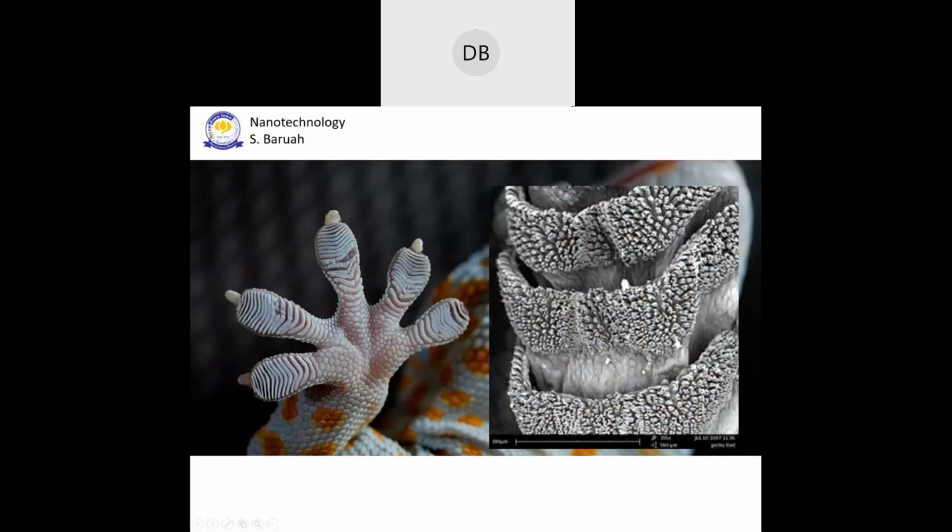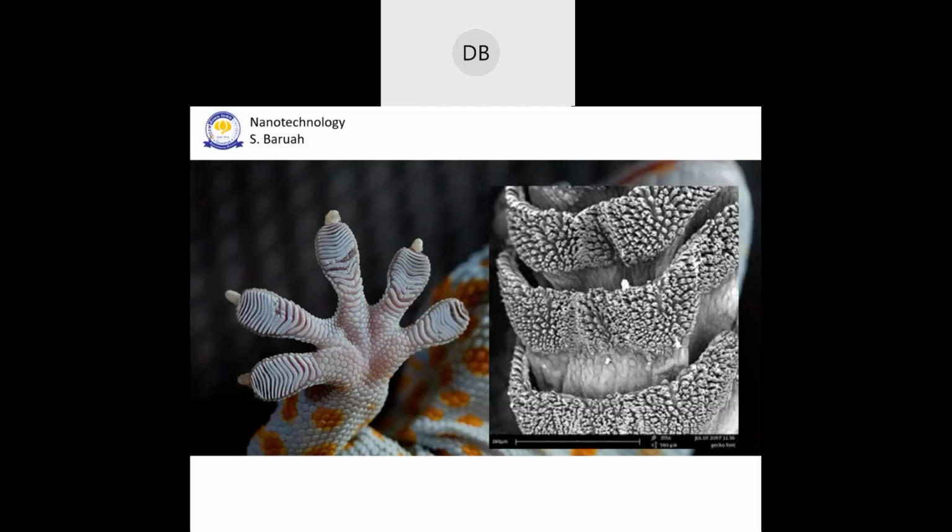If you look here, these are very, very small cup-like structures. It's like the hangers we sometimes use in the toilet, where we press out the air and they stick immediately, right? The same concept here.